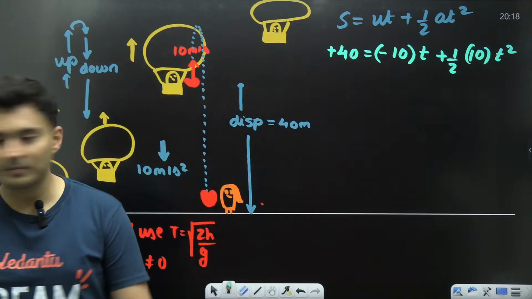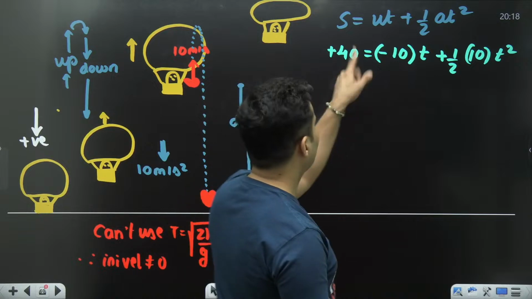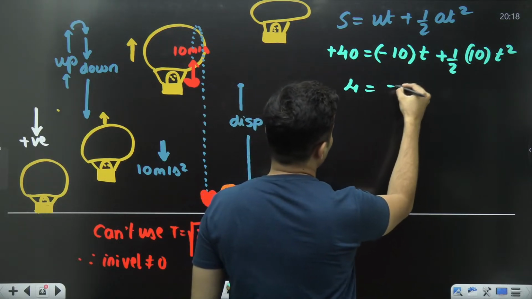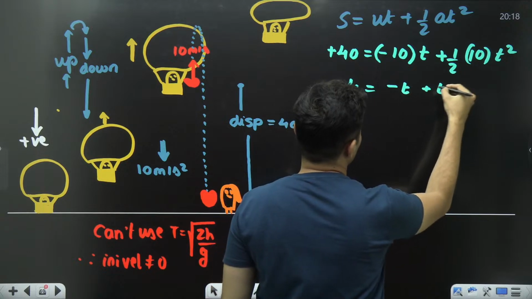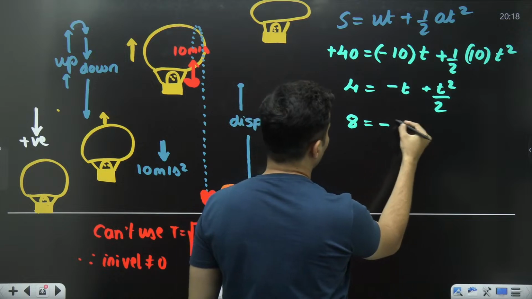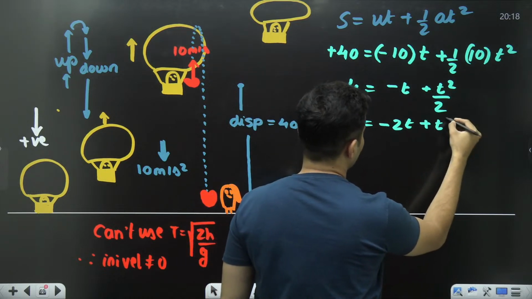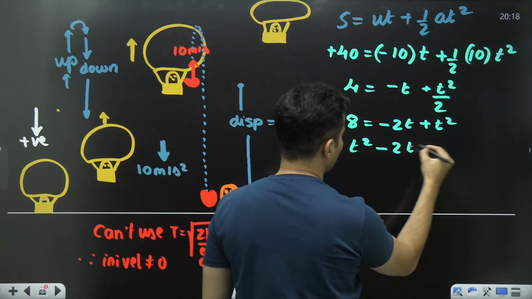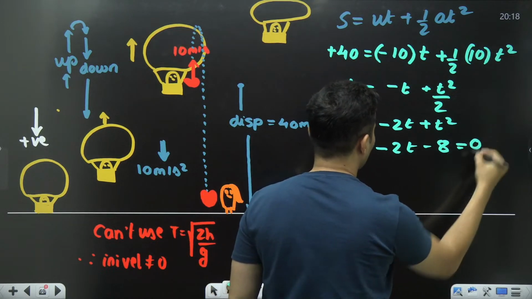With me on this? Okay. 40 is equal to minus 10t plus 10t square by 2, so 4 is equal to minus t plus t square by 2. Multiply by 2. 8 is equal to minus 2t plus t square. Rearrange the equation. T square minus 2t minus 8 is equal to 0.